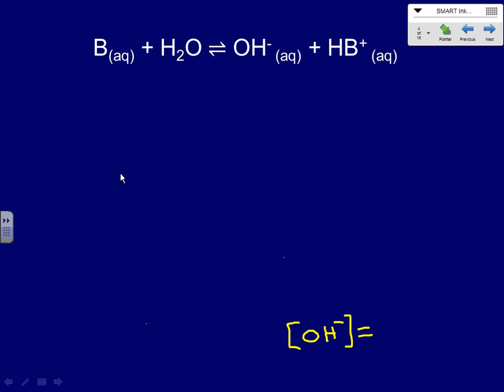What do you think, Christian? Kb, concentration of the base, the weak base, initial, thank you. Divided by that conjugate acid of that base, that's correct. HB initial. That's it. That's the shortcut for that, if the approximation is good.